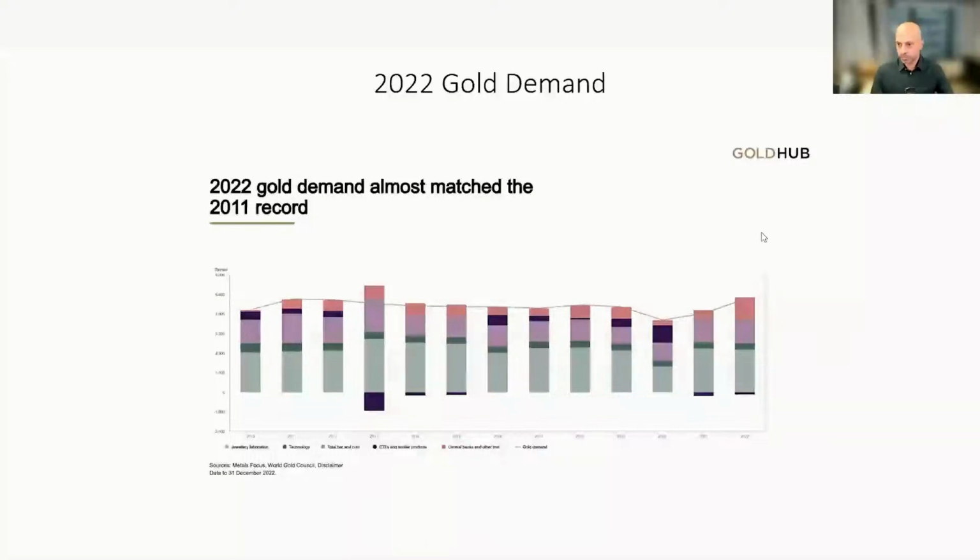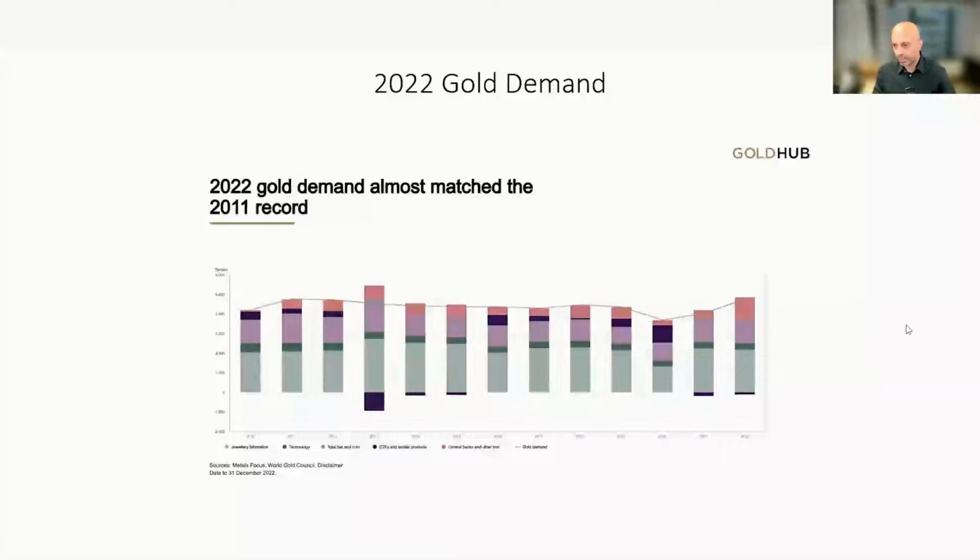Okay, so this chart is from the World Gold Council, right? So it's illustrating the global gold demand from 2010 to 2022. So 2020 was actually the lowest demand for gold in the last 10 years or so.